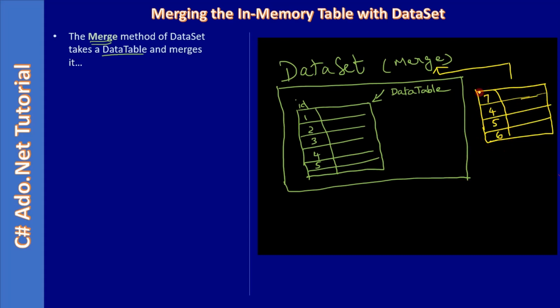So what happens? The incoming data table, so this is the incoming one, will get merged with the data table that is present in the dataset. So that's how we use the merge method.